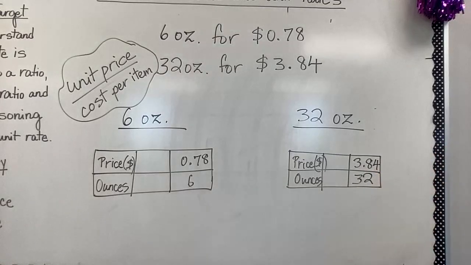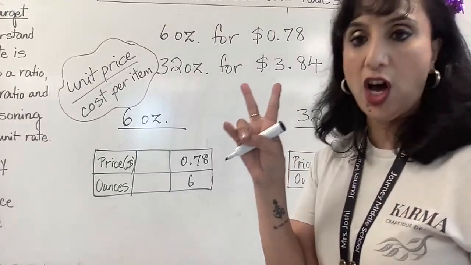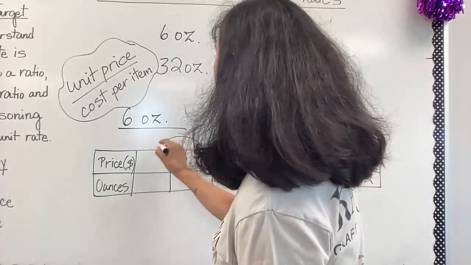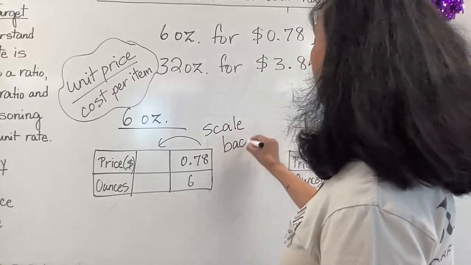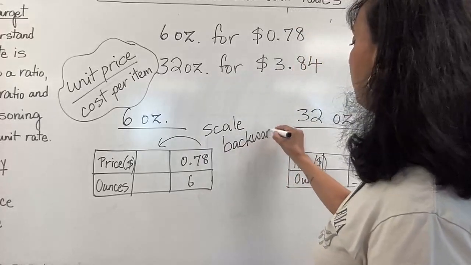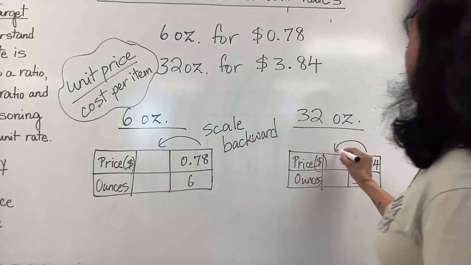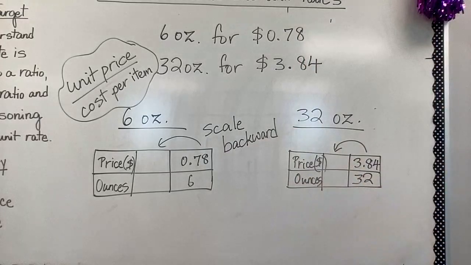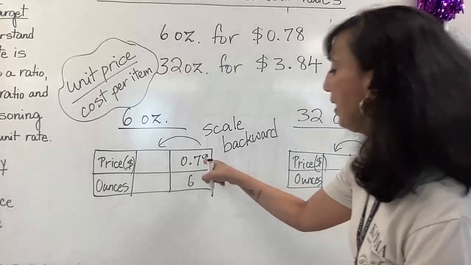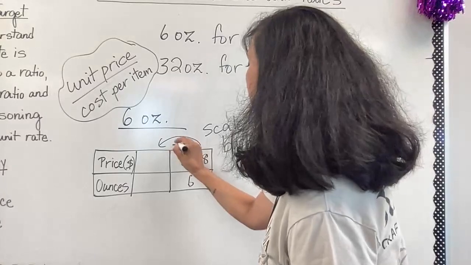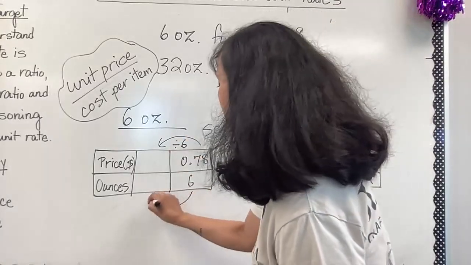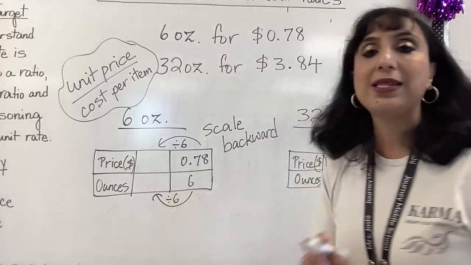All right. So what we're going to do, we are definitely going to scale backward because we are trying to find unit cost, right? And for both of them, because we are trying to find per unit. In this case, I'm dividing 78 cents by 6. Whatever I do here, same thing here. And why am I dividing by 6?